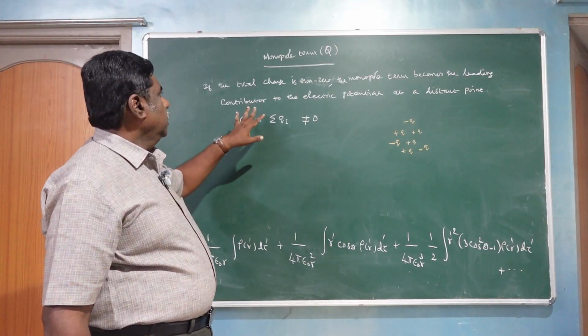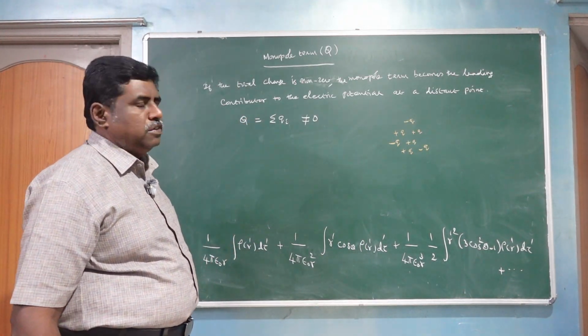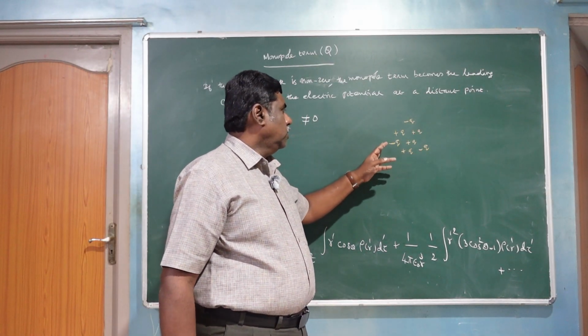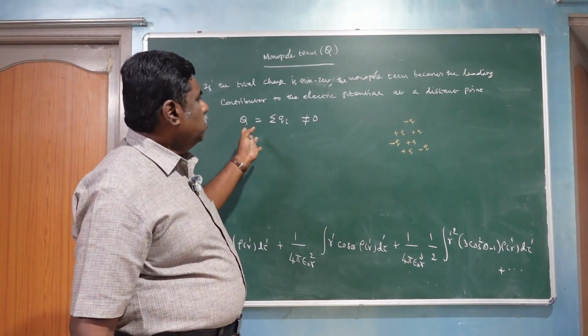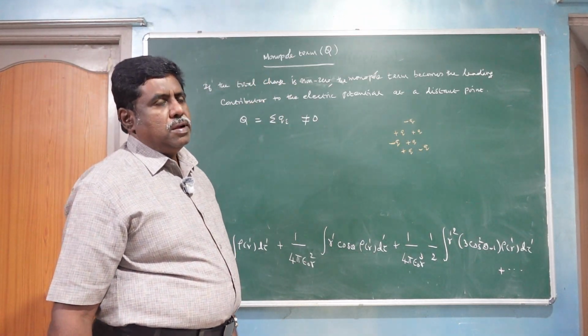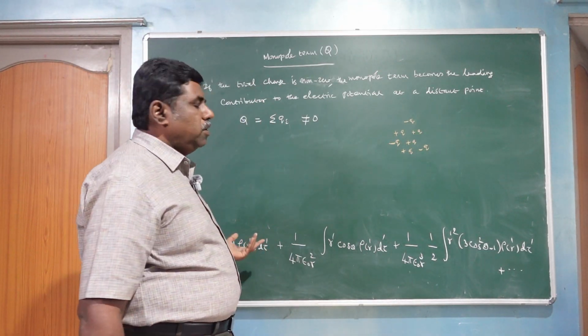At that moment, the monopole term dominates the electric potential at a distant point. If the sum is not equal to 0, then the monopole term dominates. Suppose the sum is 0, the monopole term vanishes.